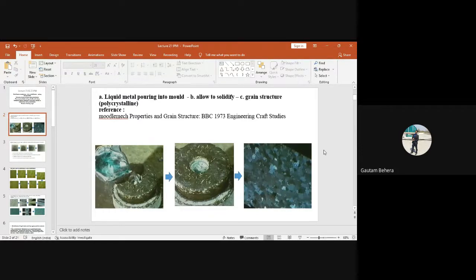And when it solidifies, you take out the solidified metal or alloy. But continuous casting means you are continuously pouring into the mold, and you are continuously withdrawing the solidified metal or alloy. That is a continuous process. In industry, we prefer continuous process. It has a lot of advantages. This is not the right time to discuss that. There is a different subject in the higher semester, you will study all those things.